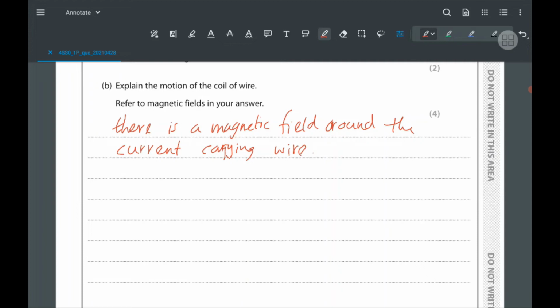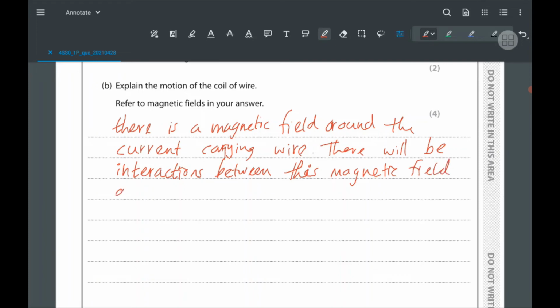And also it is kept in the permanent magnetic field, so there will be interactions between this magnetic field and the permanent magnetic field.